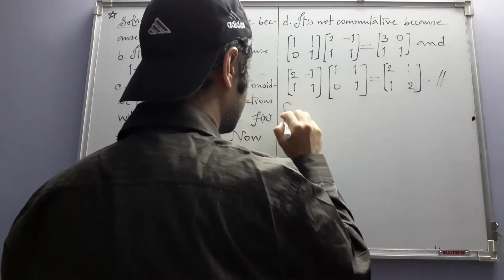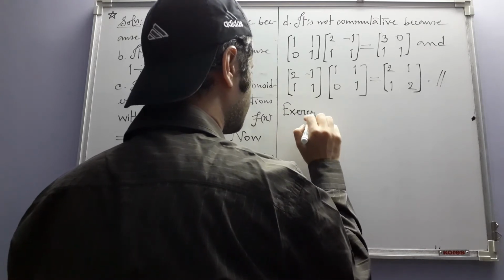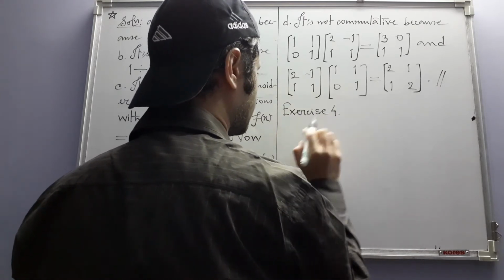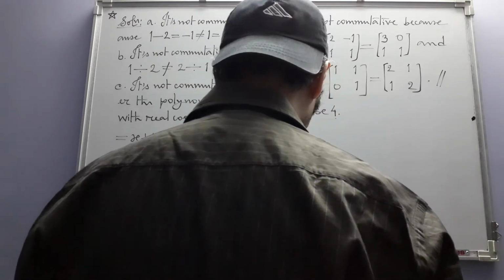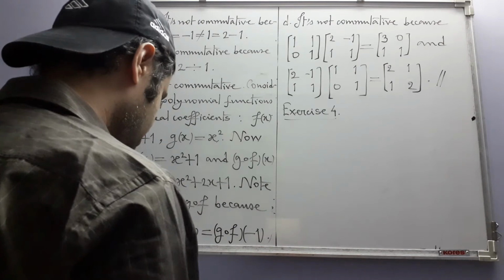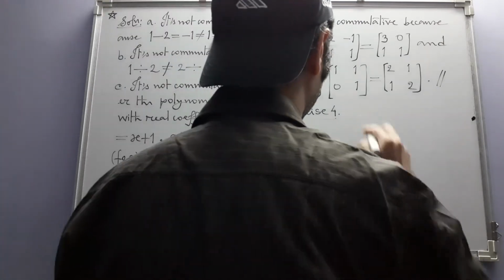Okay. Then exercise 4. Which of the following sets are closed under the given operation?